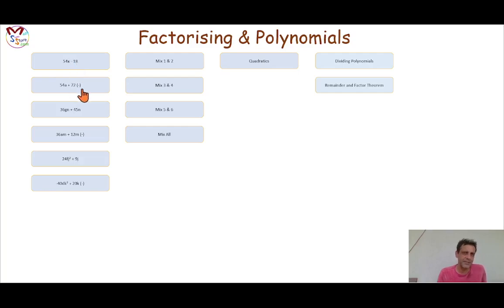We've just got 2 values here, including minuses, and then we've got 2 letters, 2 variables in there, including negatives, and then we've got g squareds and k squareds and negatives, and we can mix 1 and 2, 2 and 3, 3 and 4, 5 and 6, or mix them all as the levels increase. We've got quadratics, dividing polynomials, and remainder and factor theorem.